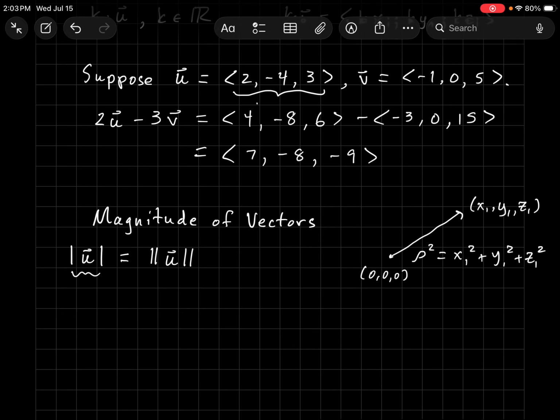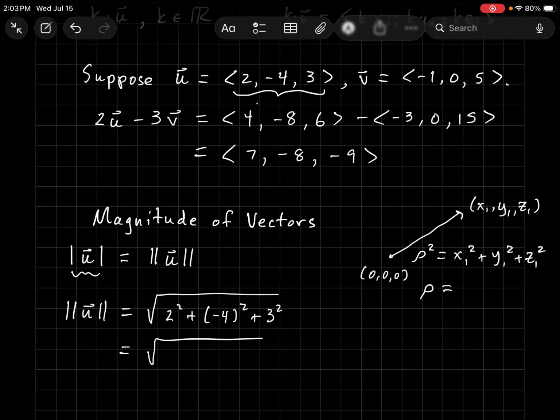So if I want to find the magnitude of u, it's simply the square root, right? Because we're trying to find the distance, what we called rho, not distance squared. So the magnitude is the square root of x squared, so 2 squared plus negative 4 squared plus 3 squared.